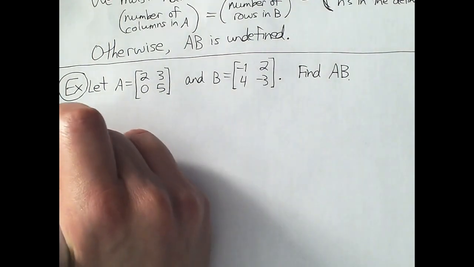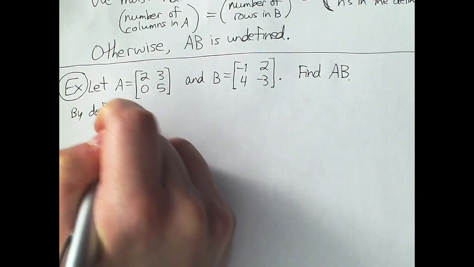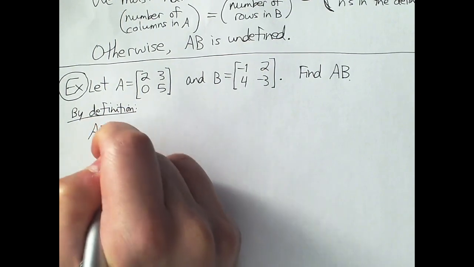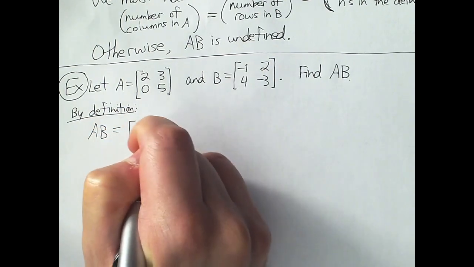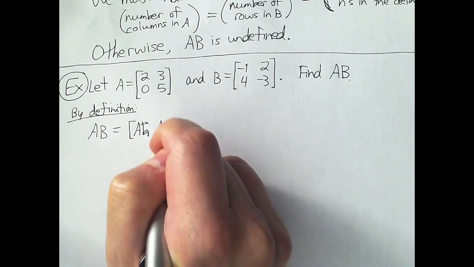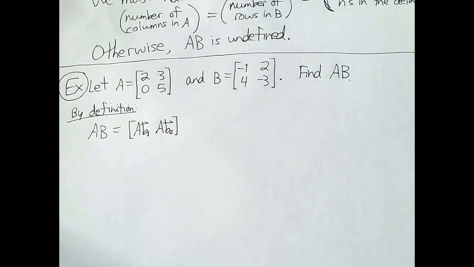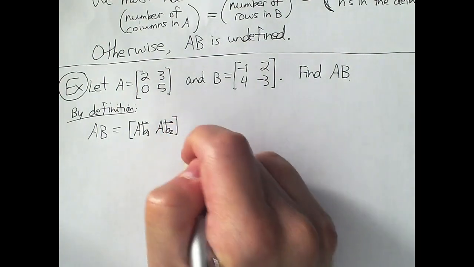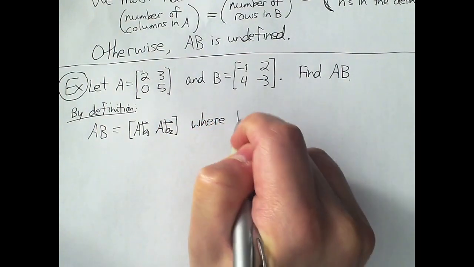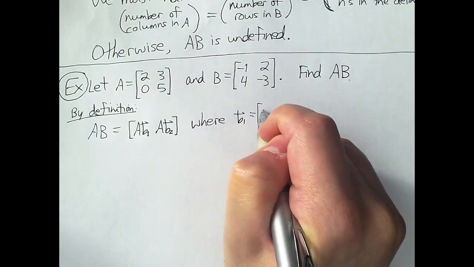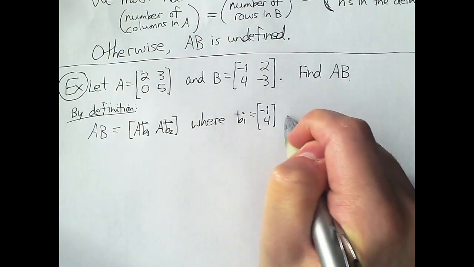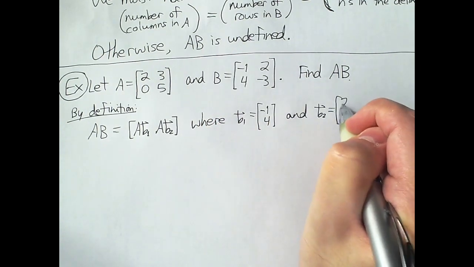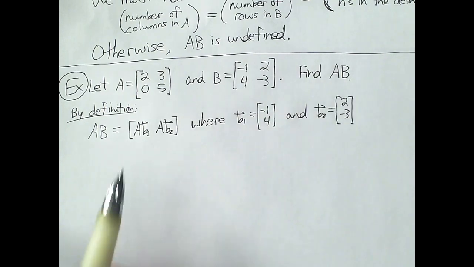By definition of matrix times matrix, AB should equal AB1, AB2. Well, B only has 2 columns, so that's it. It's going to be AB1 and AB2. And I'll say off to the side that B1 represents the first column of B, and B2 represents the second column of B. I guess we could do a quick check.